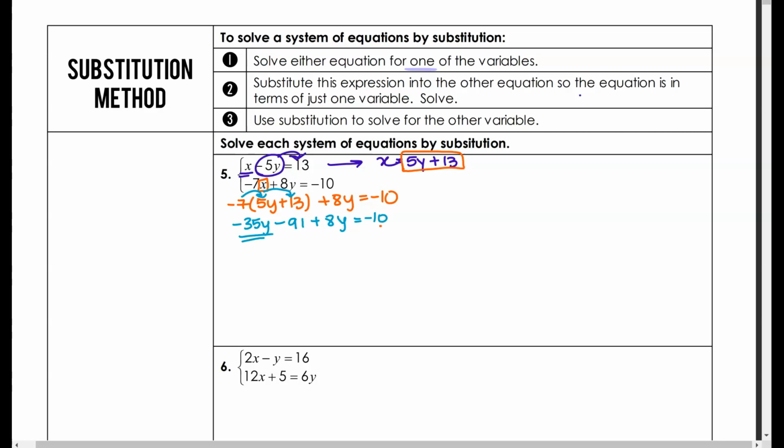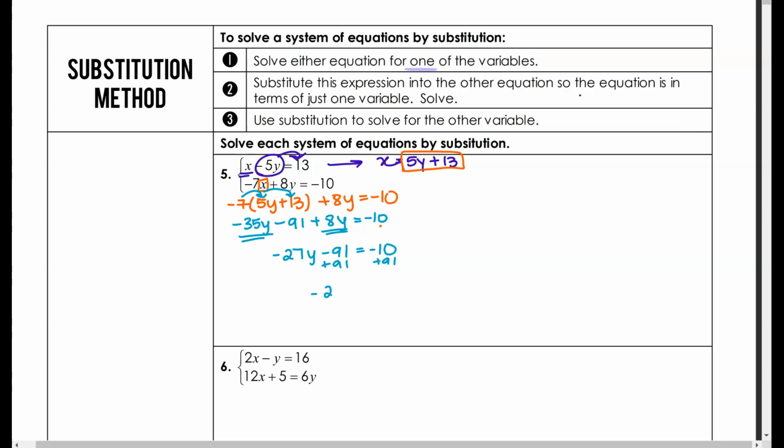The negative 35y and the positive 8y are going to combine, and we're going to end up with negative 27y minus 91 equals negative 10.